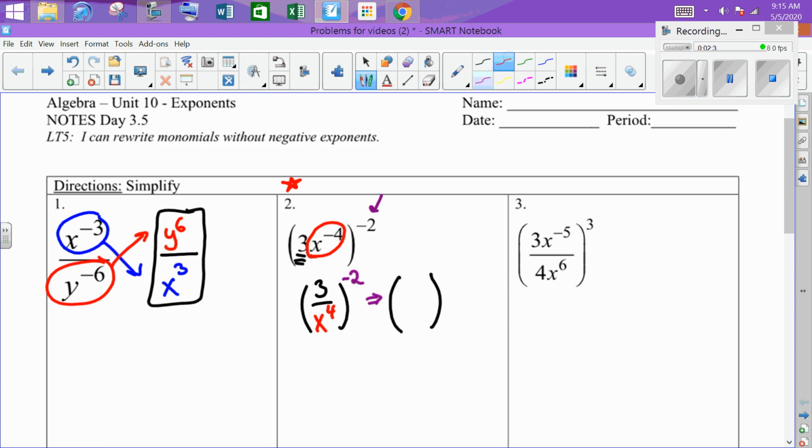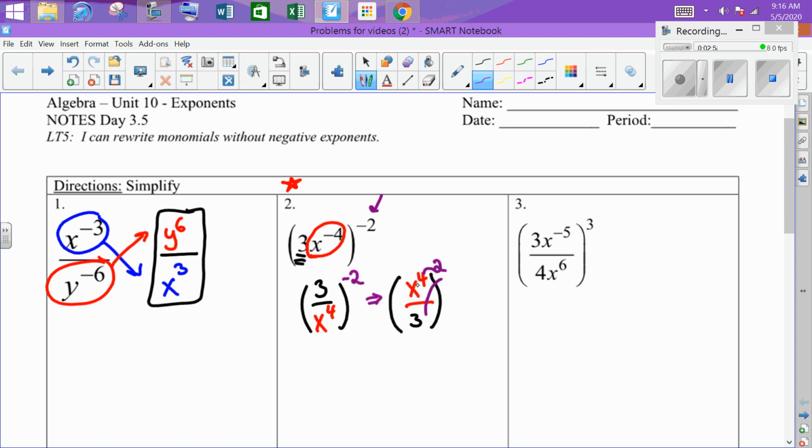So if I flip these, because I'm taking the reciprocal with the negative exponent, I'll rewrite that fraction as now 3 in the denominator, x to the 4th in the numerator. That makes my exponent not -2, but now +2, right? Because we take the reciprocal with negative exponents, rewrite them as positive.